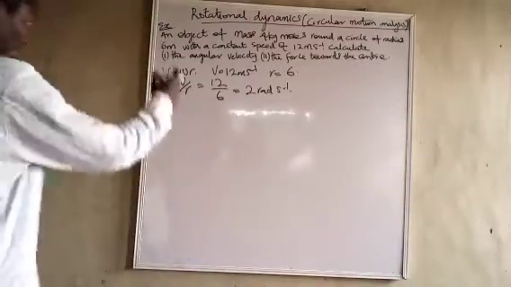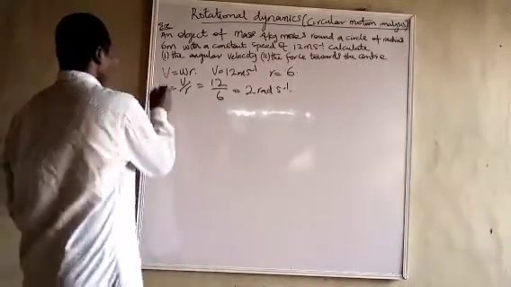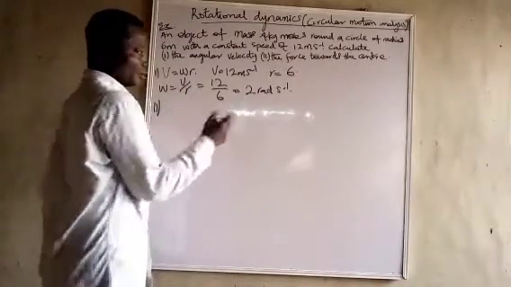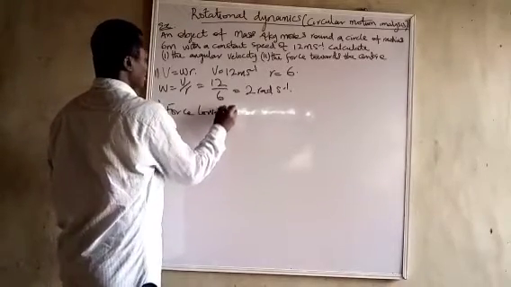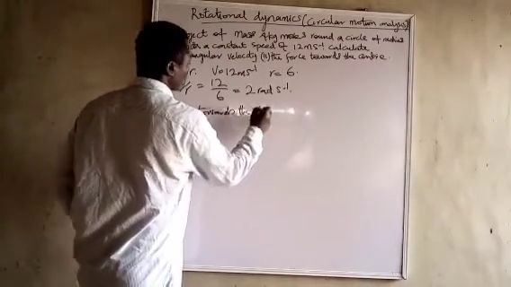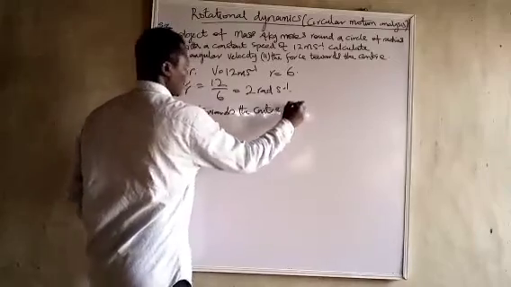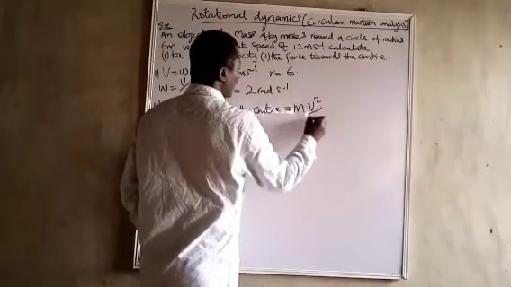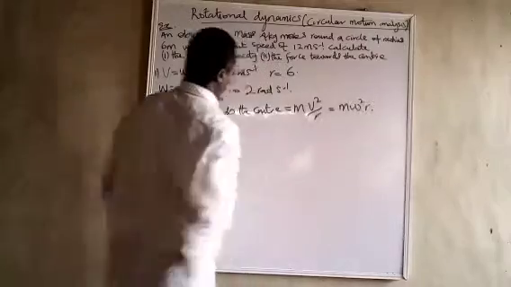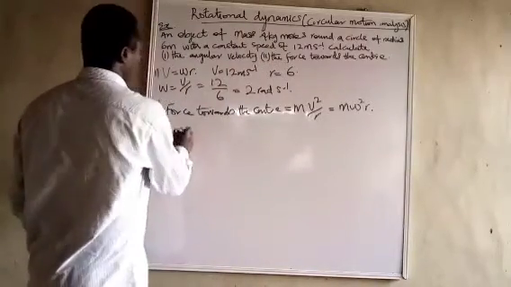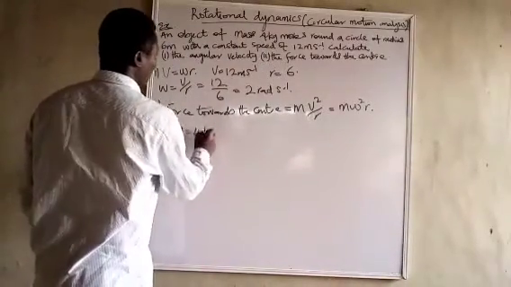And we are also asked the force towards the center. We also showed that force towards the center is equal to mv squared over r, which is also equal to m omega squared r. So in this instance, our m is equal to 4 kg.